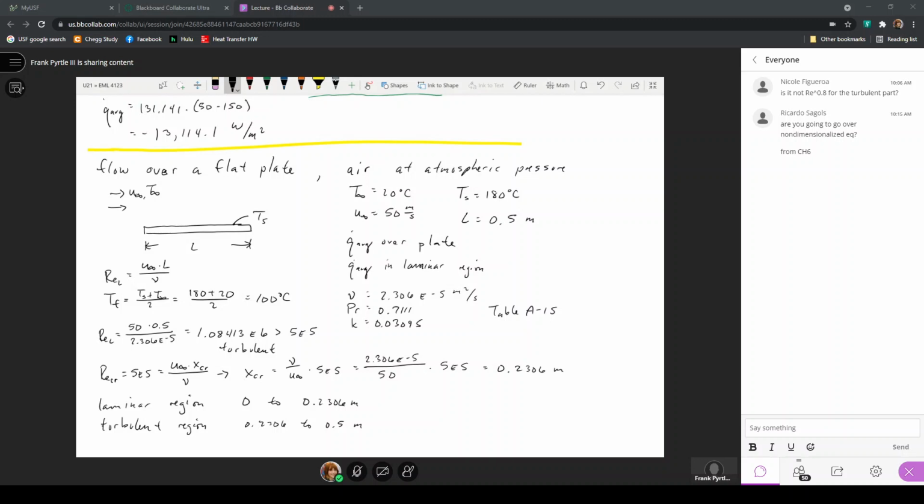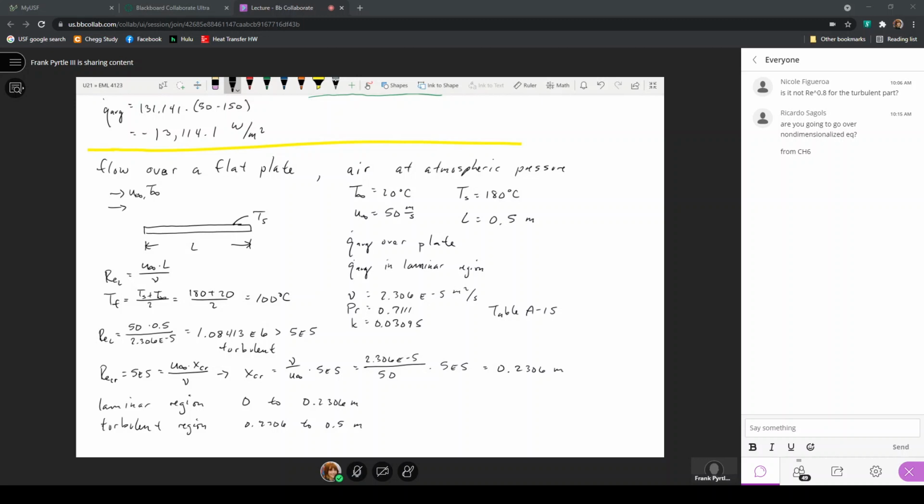Now here, the only reason we really need to know this is because I've asked for the average heat flux, because the average heat flux over the entire plate is just going to be based on the existence of a laminar and turbulent region. It doesn't matter whether the laminar region was 0.1 meters and 0.4 was turbulent, or if the laminar region was 0.4 meters and the turbulent was 0.1 meters.